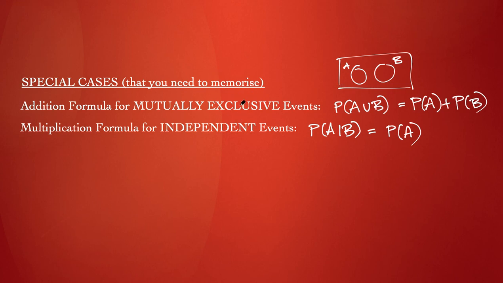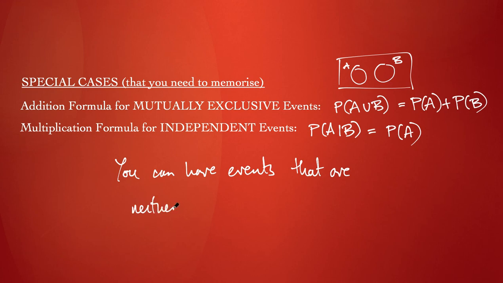There is one thing: a lot of people seem to have got the idea that events are either independent or they're mutually exclusive. That isn't the case. So I was going to write this down. You can have events that are neither independent nor mutually exclusive.